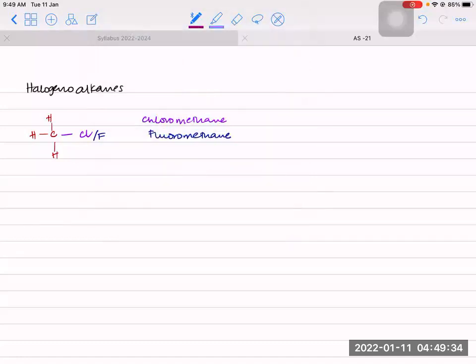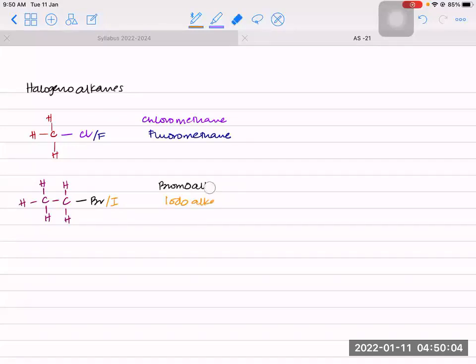Let's see if you have 1, 2, 3, 4, 5 hydrogens. One hydrogen less than an alkane. Yes, this is the ethyl group. And to this, if you have Br attached, we will call this what? Bromoalkane. If you have, let's suppose, iodine attached, we will call it what?